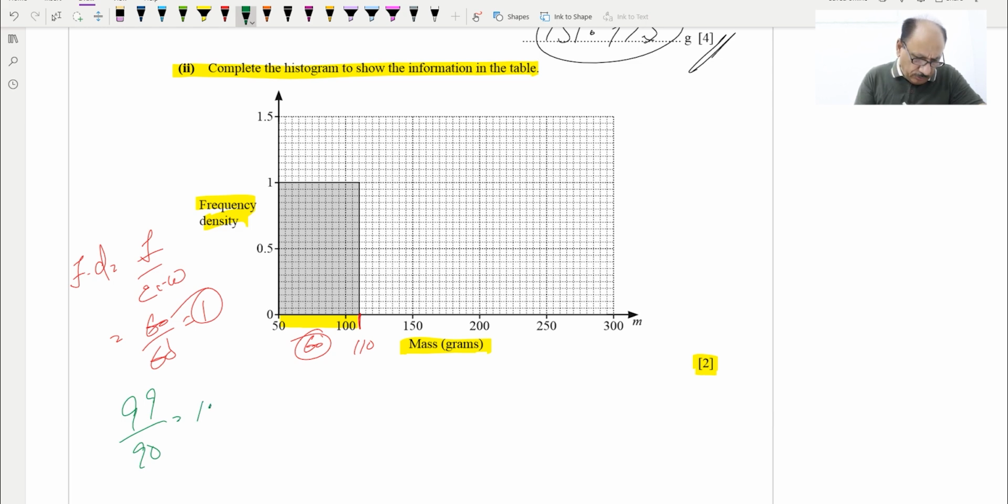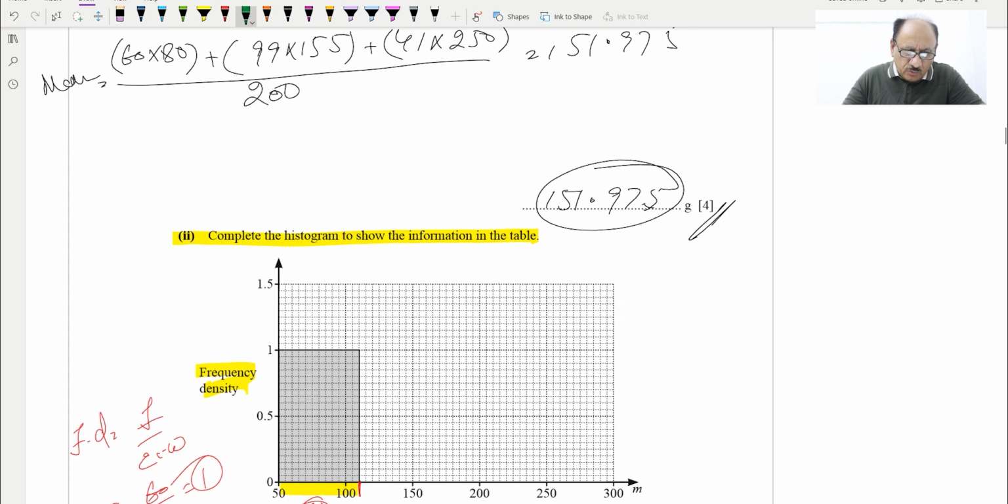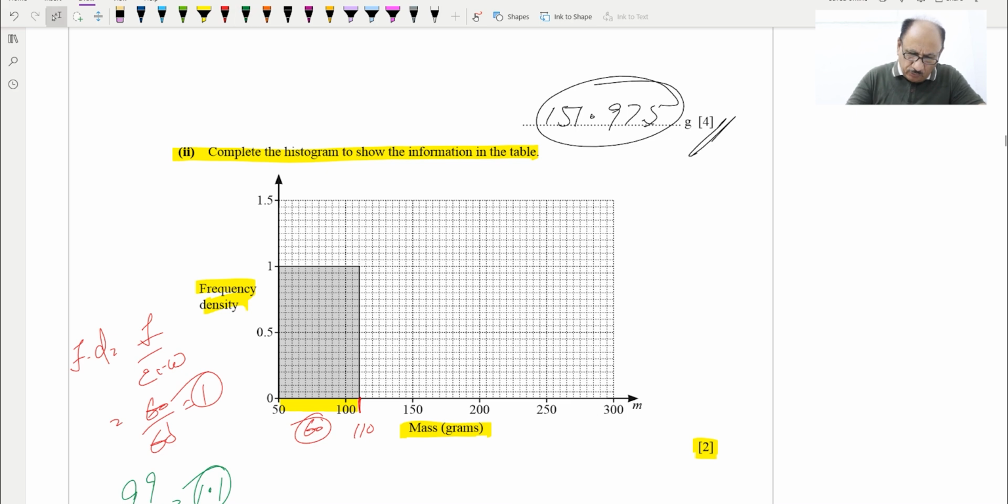So 1.1 will be the second bar, which is from 110 to 200. From 110 to 200 will be the class width up to this one, and now up to 1.1 we can raise the bar, and this will be this height.